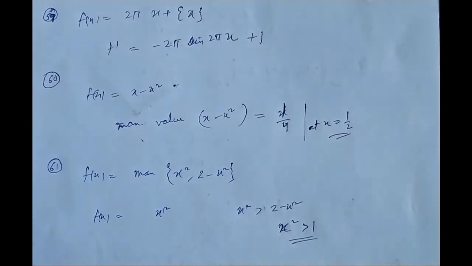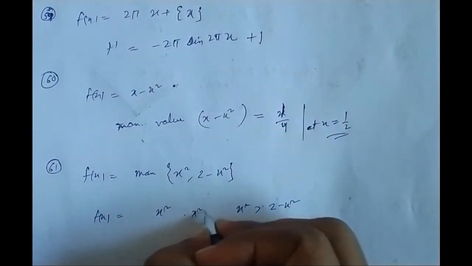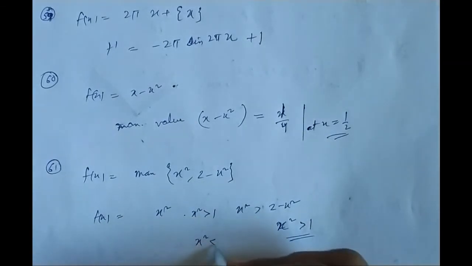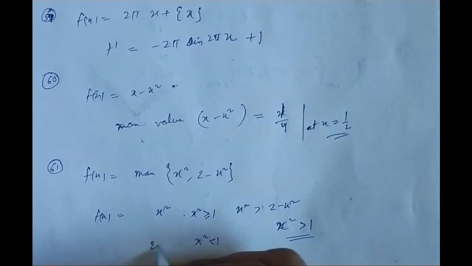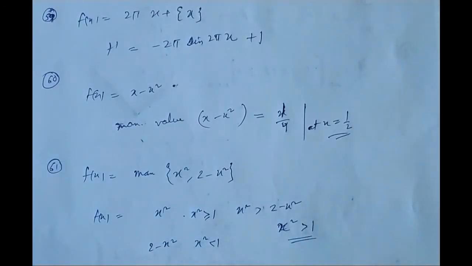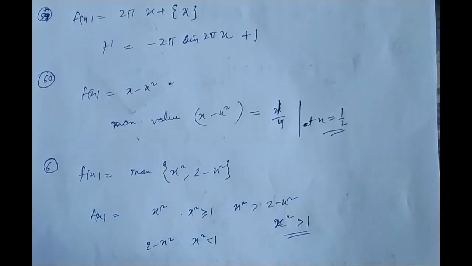Okay, so if x square is greater than 1, and when x square is less than 1, the definition of the function would be 2 minus x square. Okay, so the function has its maximum at x is equal to 0 and local as well as global minima at x is equal to plus minus 1. We can draw the graph for the same as well.